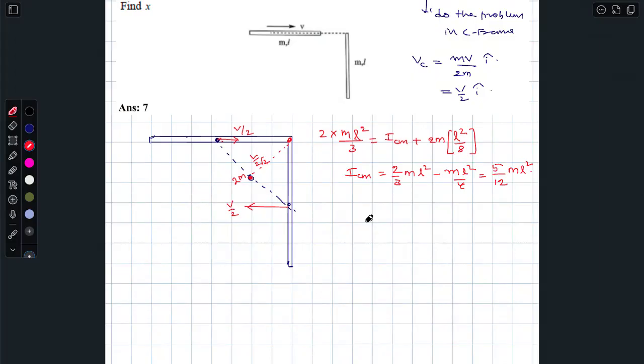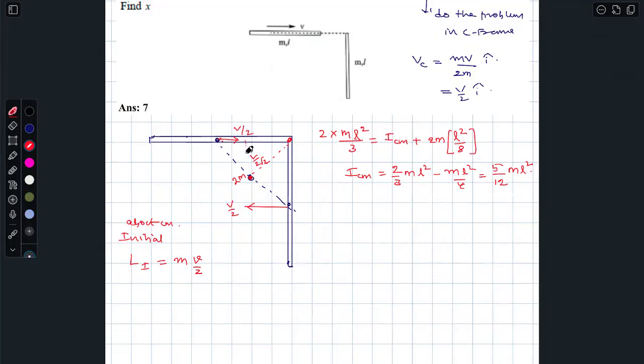I need that afterwards. Right. A collision happened. What is the initial angular momentum of the system about the center of mass? There is no angular velocity part. It is simply m v by 2. By the way, what is this perpendicular distance?